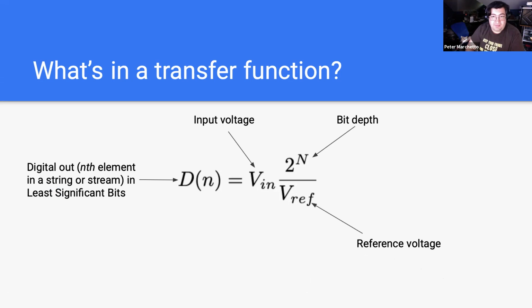Now in our case, we have a bit depth of 24 bits. So that means we have 2 to the 24th possible values that we can actually measure. In reality, it's a little bit less. It's closer to 2 to the 22nd because we have noise at the very lowest levels. But that gets into bit depth versus effective bit depth, but that's going too far down the rabbit hole.